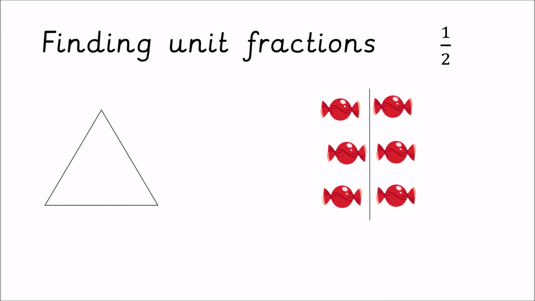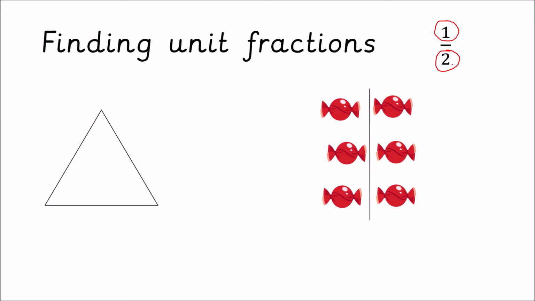So we've already talked about shape and we've talked about quantity. We've also talked about numerators and denominators. So just very quickly, let's refresh. Your numerator is the top number and your denominator is the bottom number.